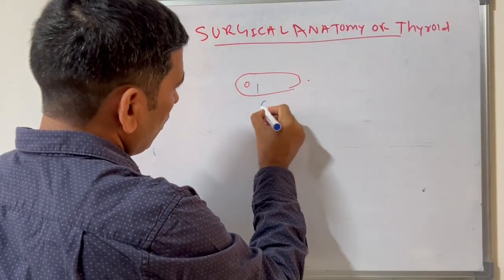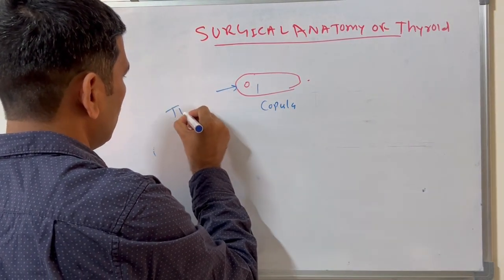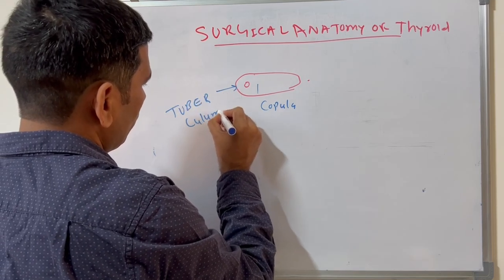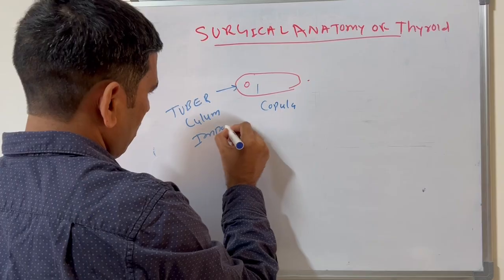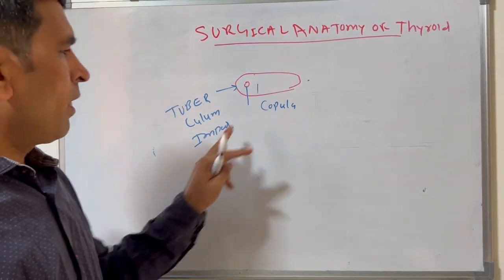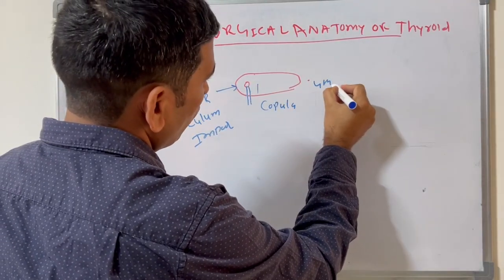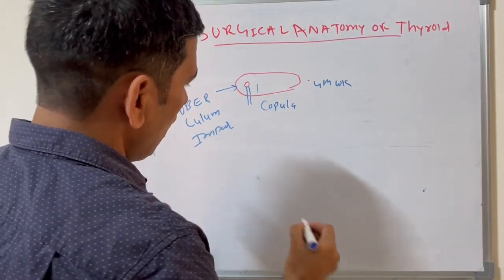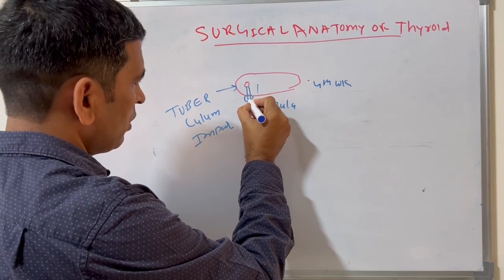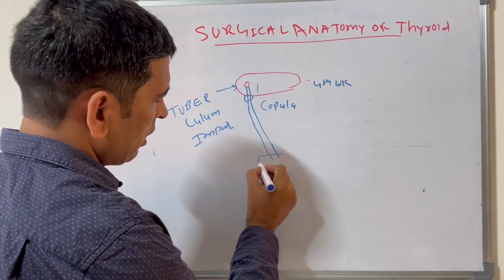Here is the copula of the tongue, here is the tuberculum impar, and this is the foramen cecum. So the thyroid develops from this foramen cecum level at the fourth week of gestation, and it descends and reaches its final position in the neck.